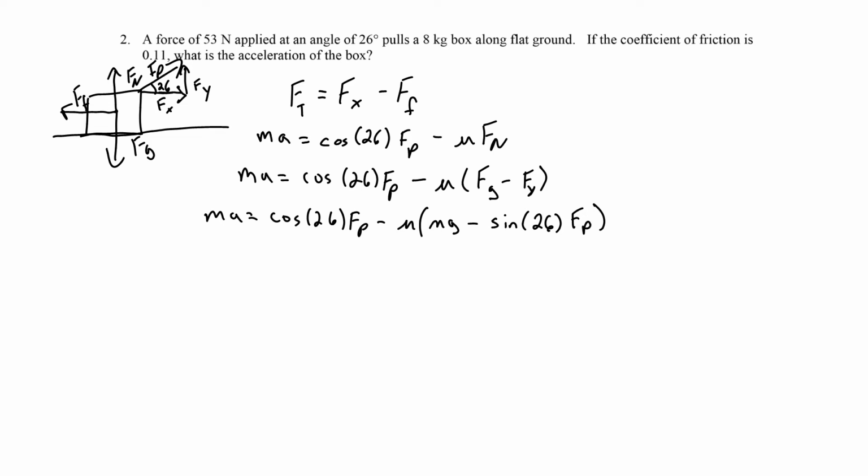So now we have all those out. In this case, it's going to be 8 kilograms times A equals cosine 26 times 53 minus mu, which is 0.11, times 9.8 minus sine 26 times 53.